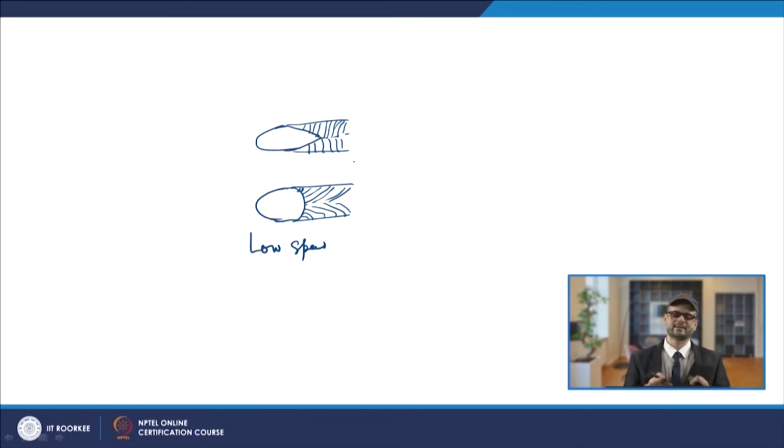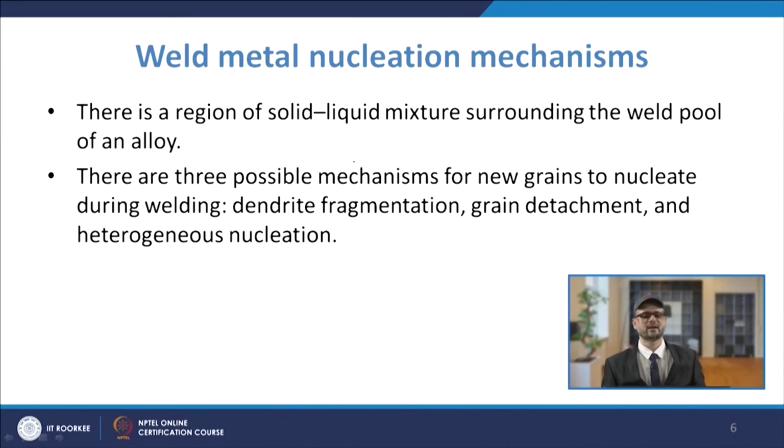By looking at the structure, you can have a feel for how the speed variation will change the grain structure. The next thing which is important to understand is the weld metal nucleation mechanism.